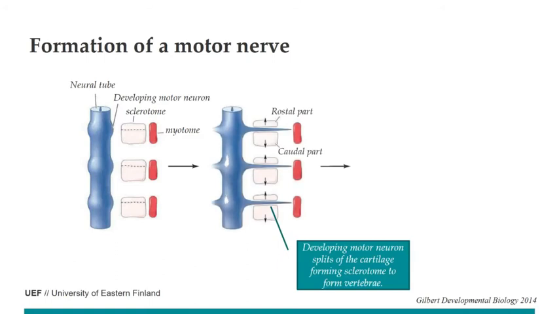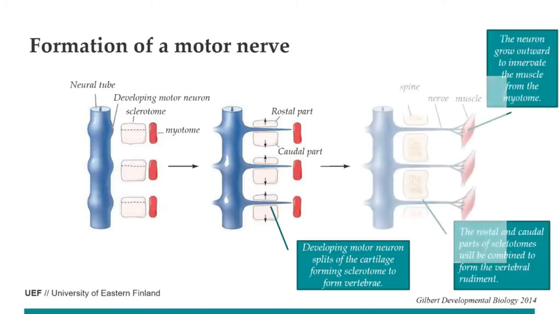And the motor neurons split these sclerotomes. These sclerotomes form cartilage, and later on they will form the vertebrae. So the axons go out from the neural tube, split the cartilage, and then find the muscles.